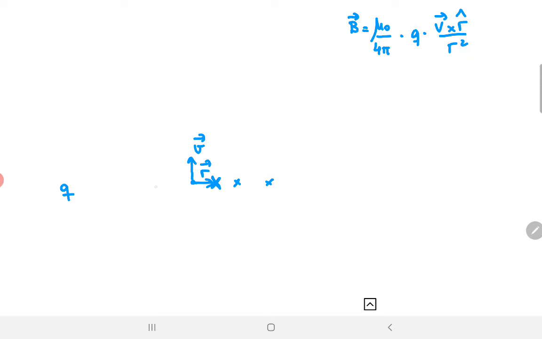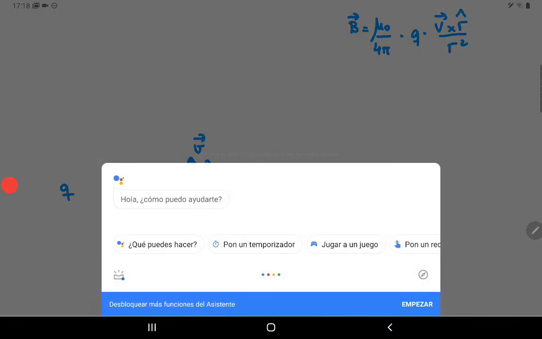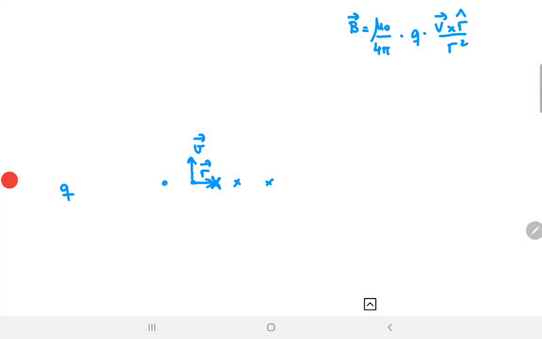If I go to another point just to the left of the point charge, at the same distance, I'll have the same magnetic field, except that in this case it's going to be out of the screen, so I can represent it with a point. And of course, the further away I go, the weaker the magnetic field.